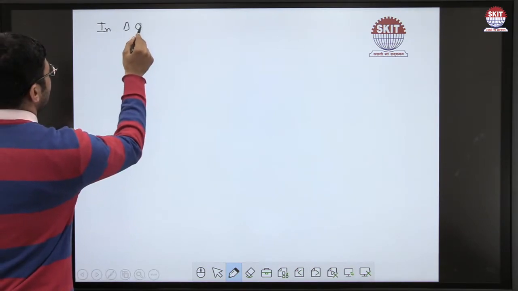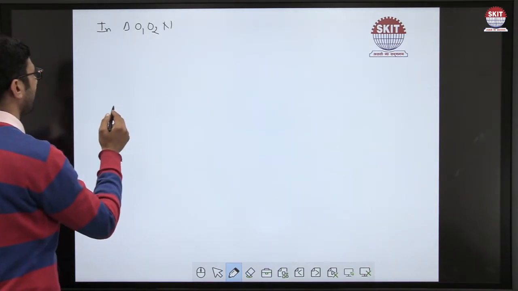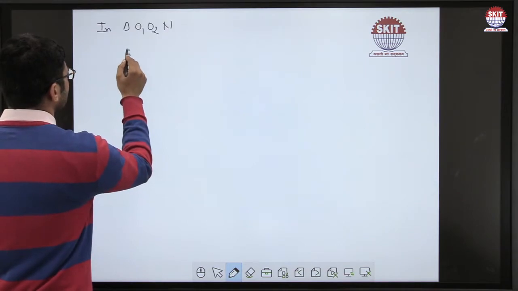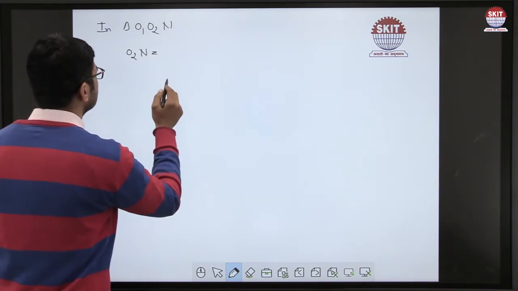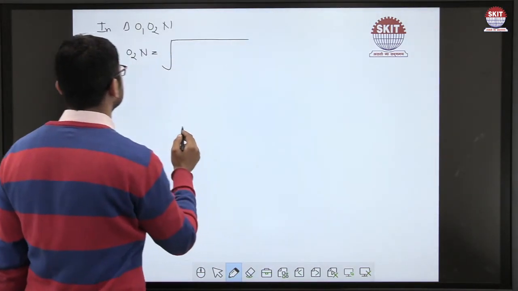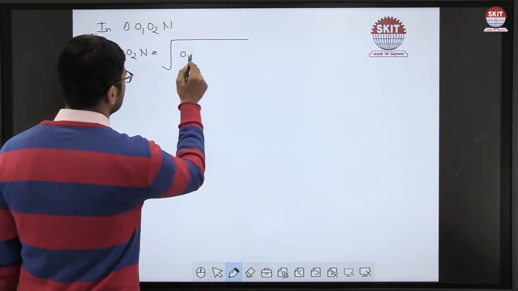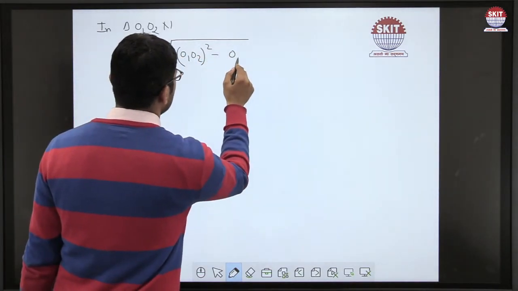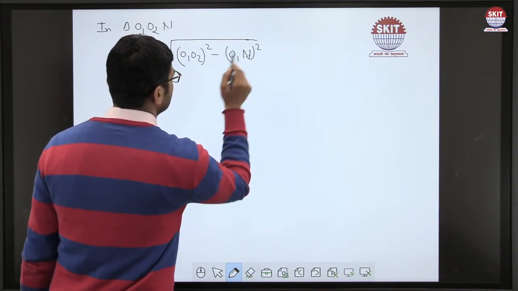In triangle O1O2N, O2N equals under root O1O2 whole square minus O1N whole square.